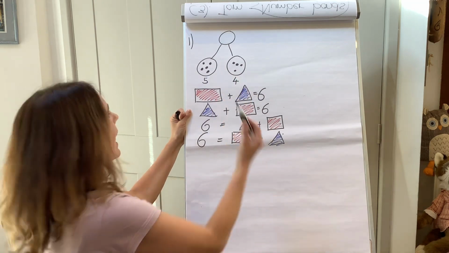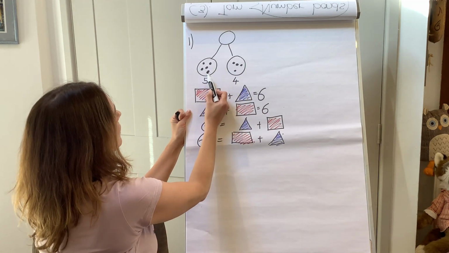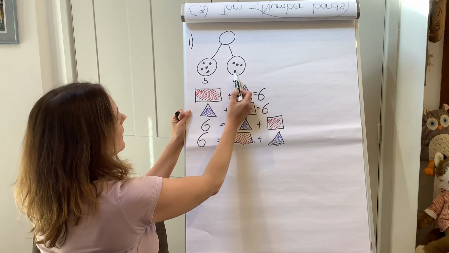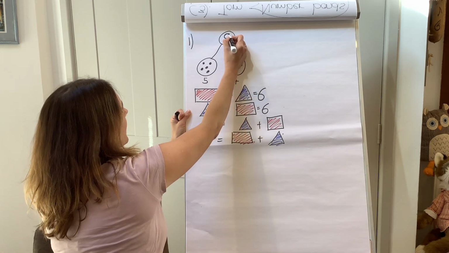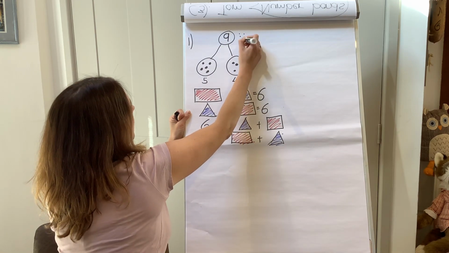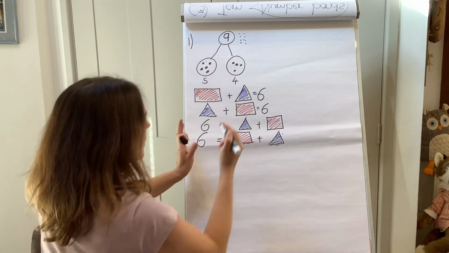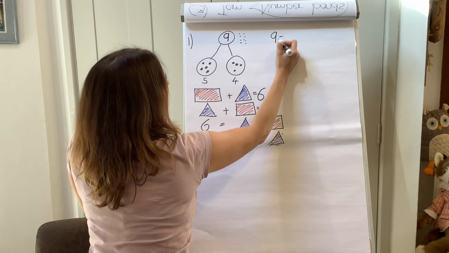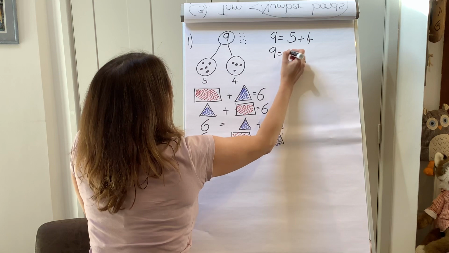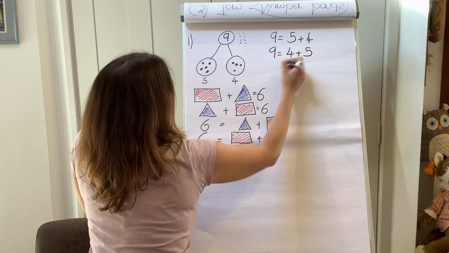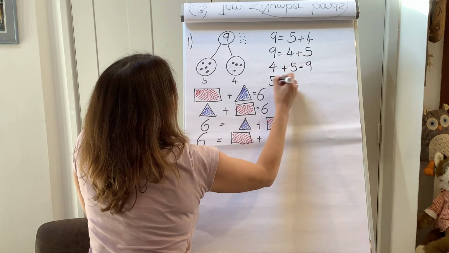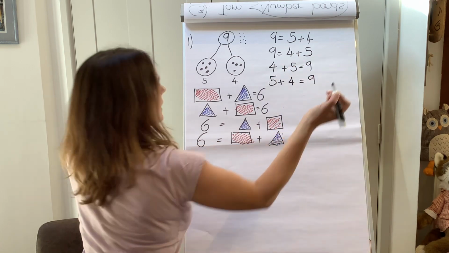Cardinality, the last number I counted, 1, 2, 3, 4, 5, represents the set. 6, 7, 8, 9, so there are 9 altogether. Okay, and I could draw those as dots as well. So the number sentences I could make is 9 is equal to 5 add 4, 9 is equal to 4 add 5, 4 add 5 is equal to 9, and 5 add 4 is equal to 9.